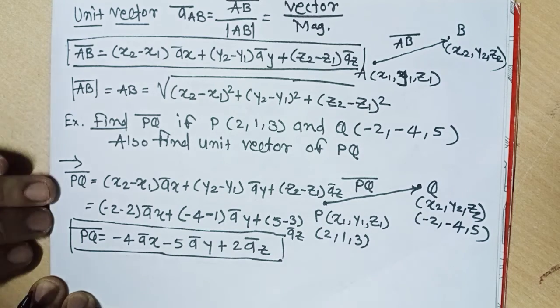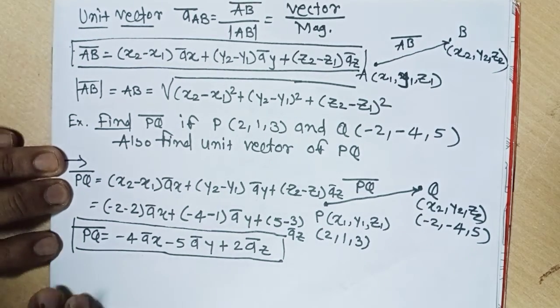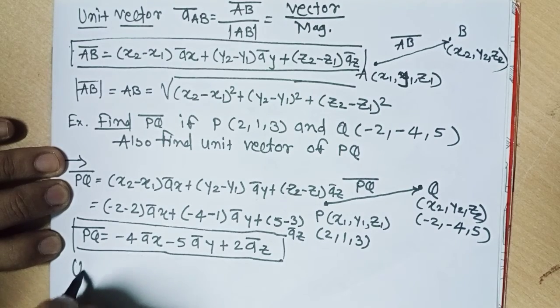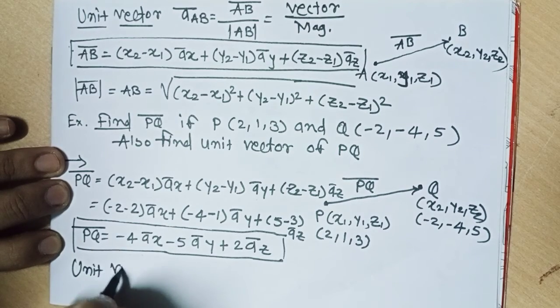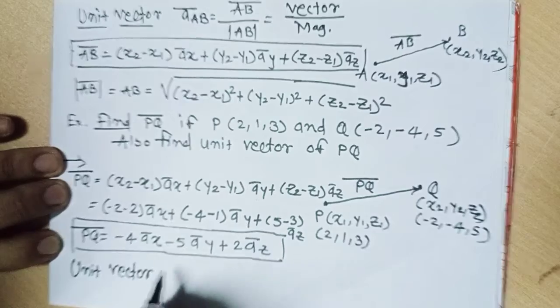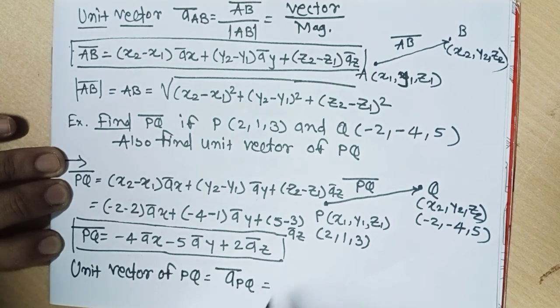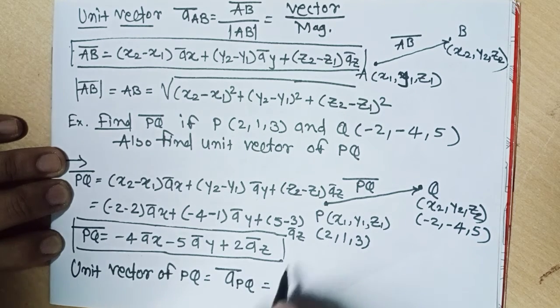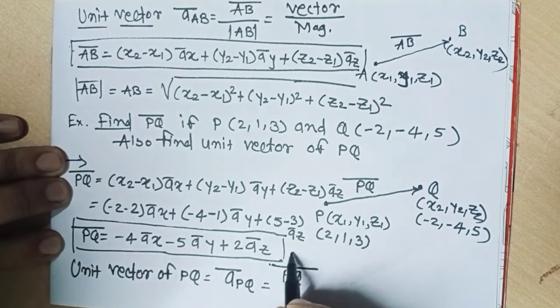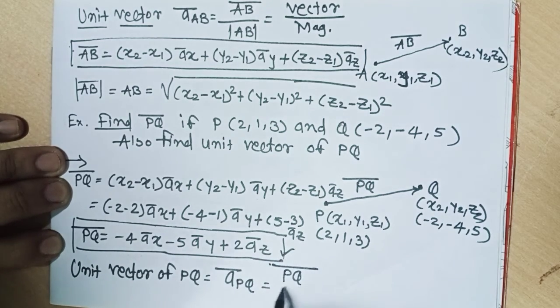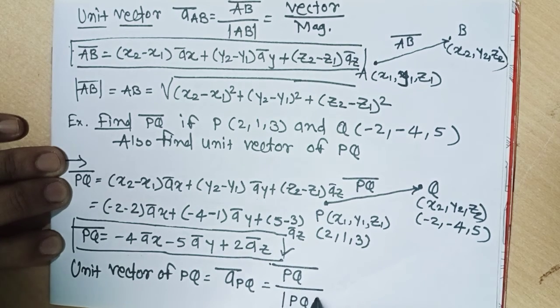So the unit vector of PQ is nothing but a bar PQ. To obtain this a bar PQ, you should know the vector PQ, which is already calculated here, and divide it by mod of PQ.